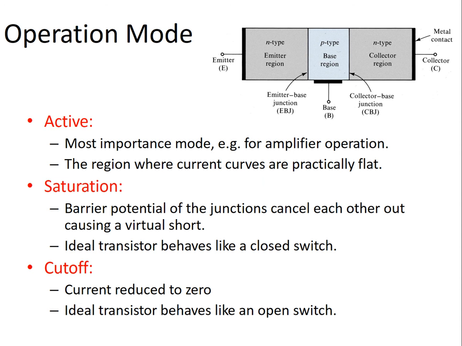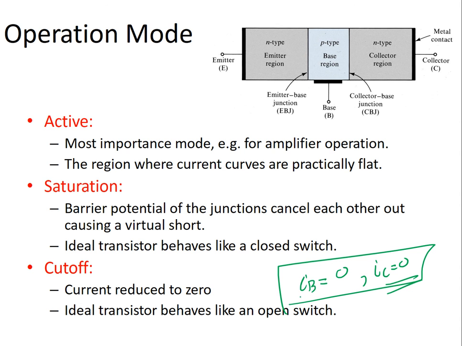So there are different modes of the BJT. We divide them into three different categories. We call them active mode, saturation mode, and cutoff mode. The cutoff mode is when your base current is almost zero. When the base current is zero, you will get almost zero collector current.